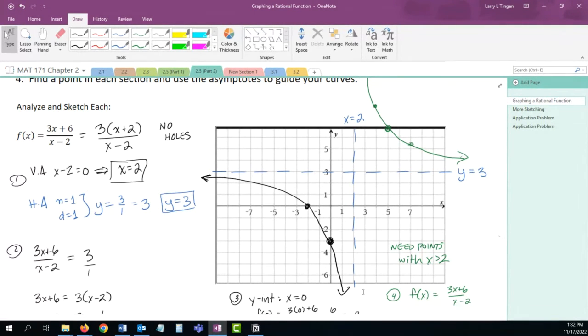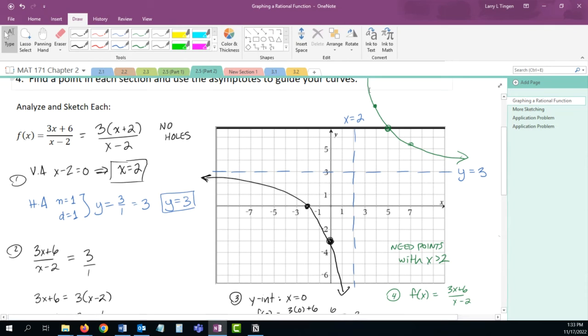Now, what happens on the other side of +2? If I'm larger than 2 and I plug those numbers in, the numerator is always going to be positive. The denominator is always going to be positive. I'm talking just over 2, like 2.1, 2.01, doesn't matter. As long as it's over 2, a positive divided by a positive is a positive.